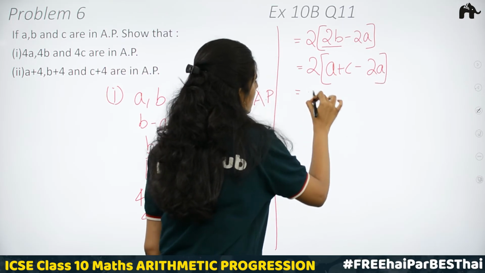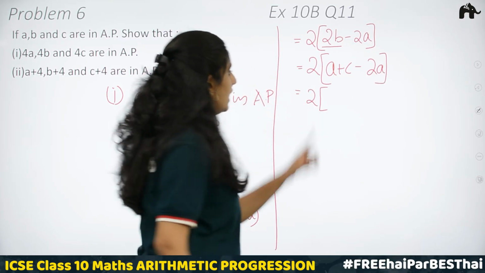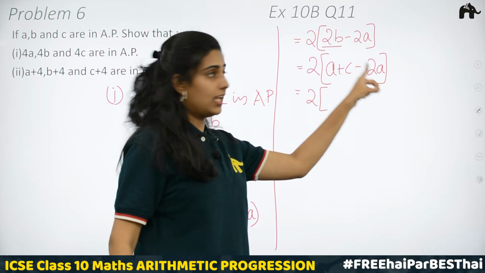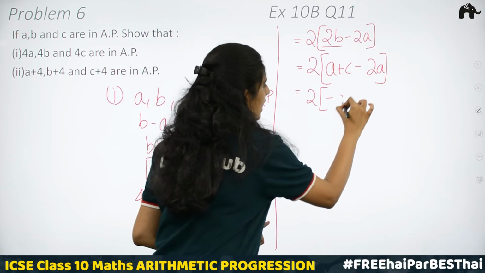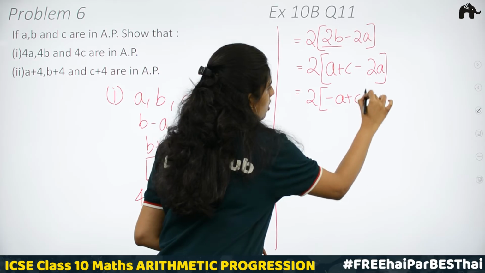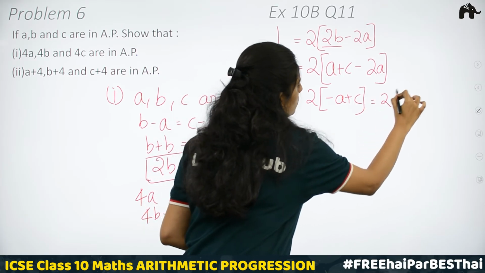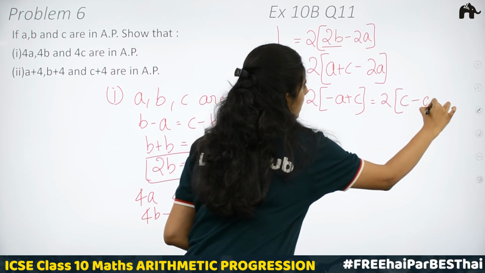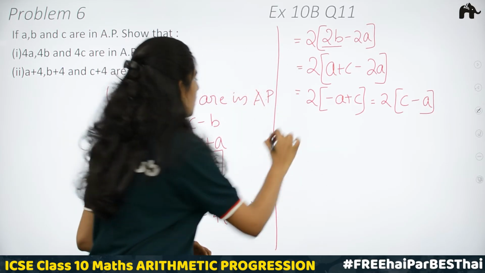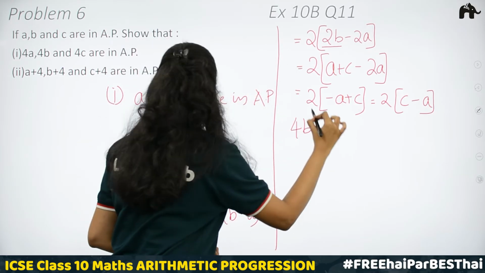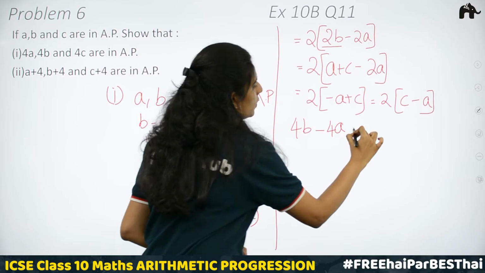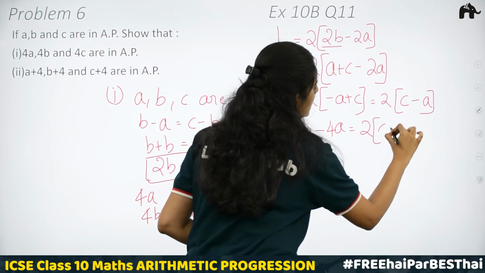Okay, that is equal to 2 into A plus C minus 2A. A minus 2A is minus A. Then we have minus A plus C, or this is equal to 2 into C minus A. We got 4B minus 4A is equal to 2 into C minus A.